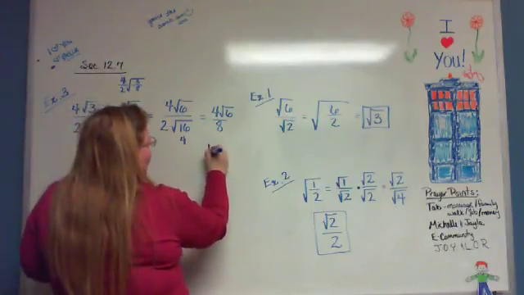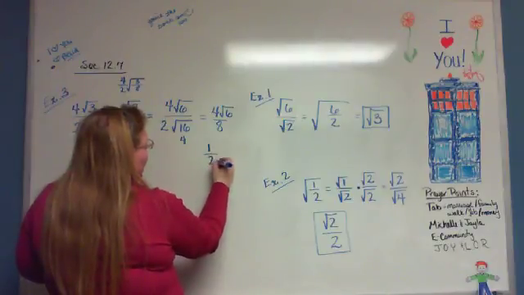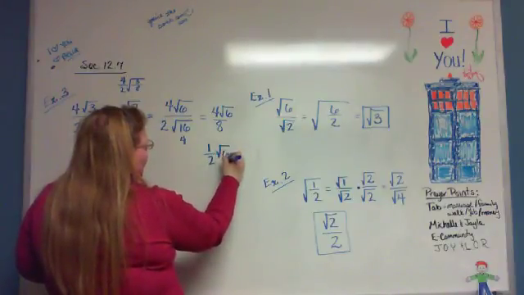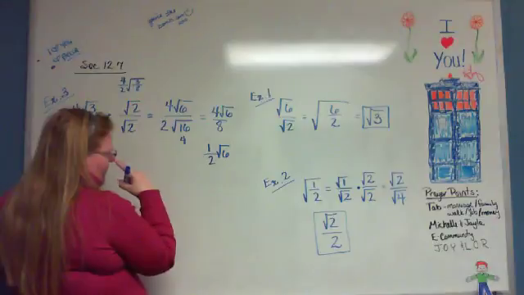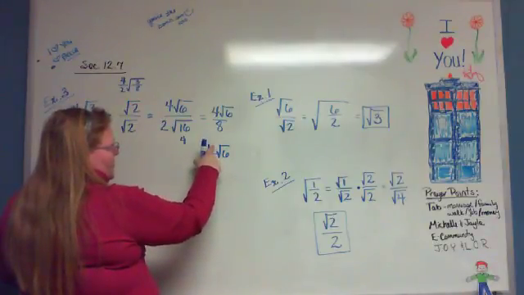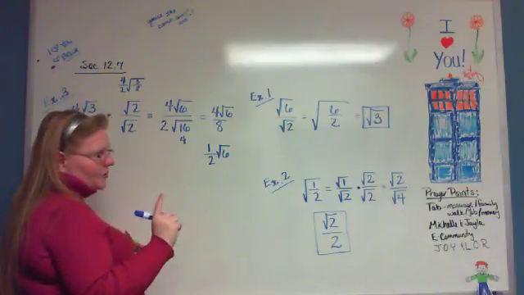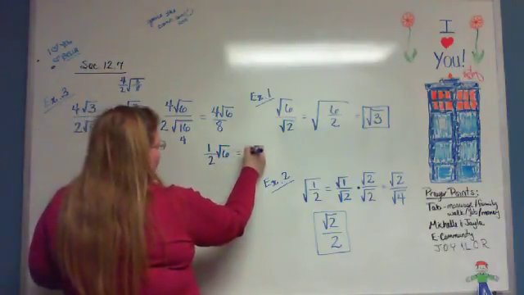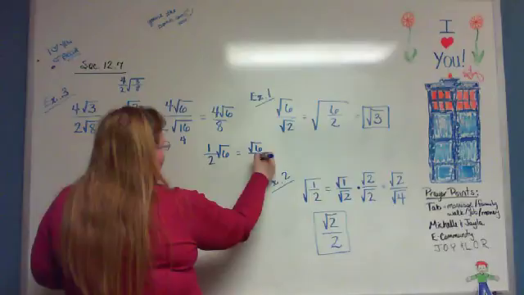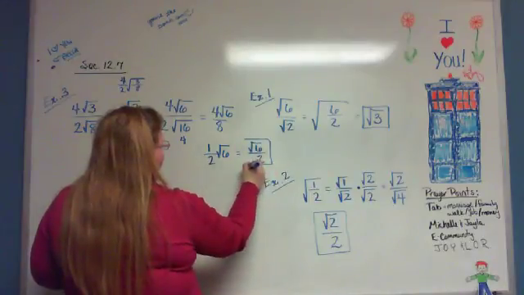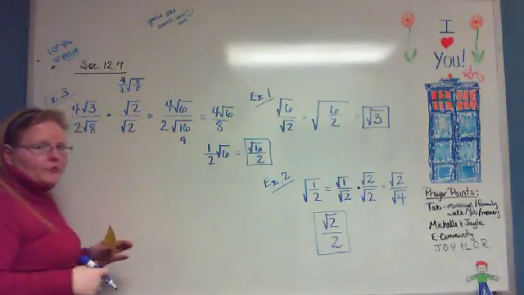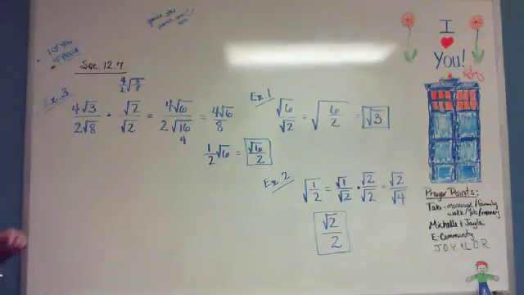So that would give me 1 over 2 times the square root of 6. And it doesn't matter if the square root of 6 is on top or in the middle. It's the same either way. But most people are going to write it on top, because it's prettier on top. Not everybody, but most people.